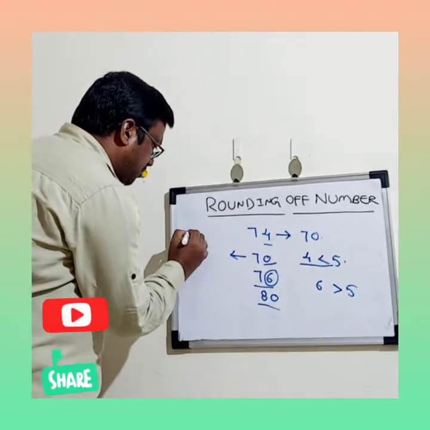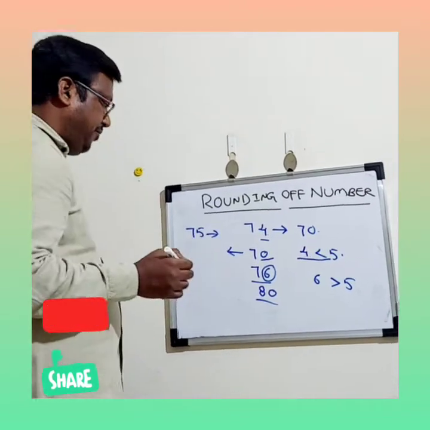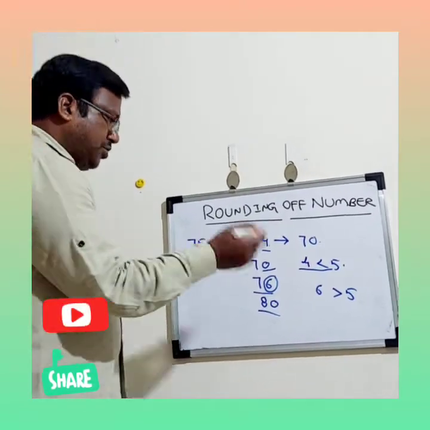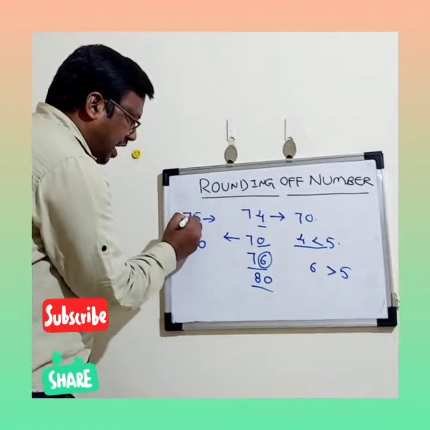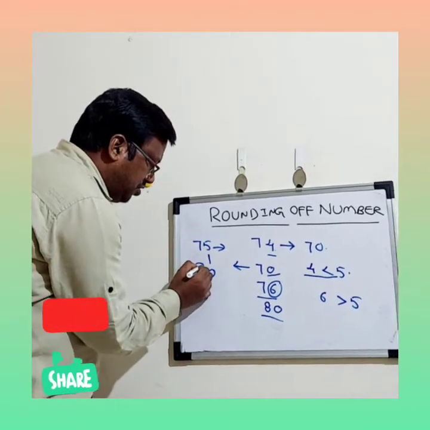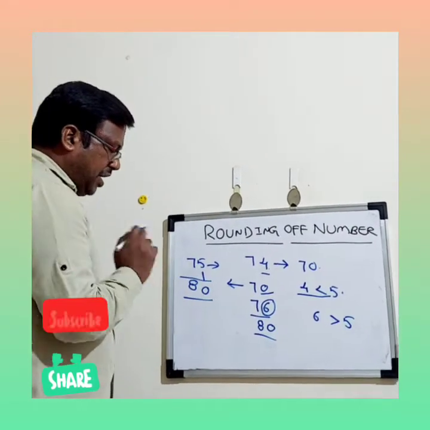For example, 75. The digit is equal to 5. In this case also, replace the unit digit position with 0 and add 1 to the tens digit. So the nearest tens number for 75 is 80.